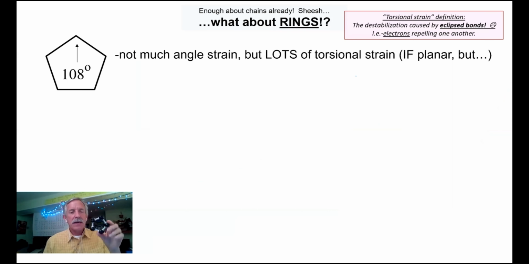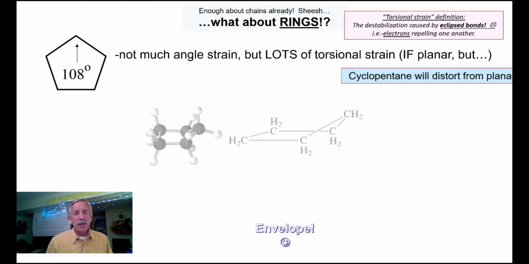But the issue is if it's planar, then all of these bonds with all these electrons are in the same plane, and they are all repelling each other, and this causes a great deal of torsional strain. So 5-membered rings are very popular in nature, but they are not going to be planar.